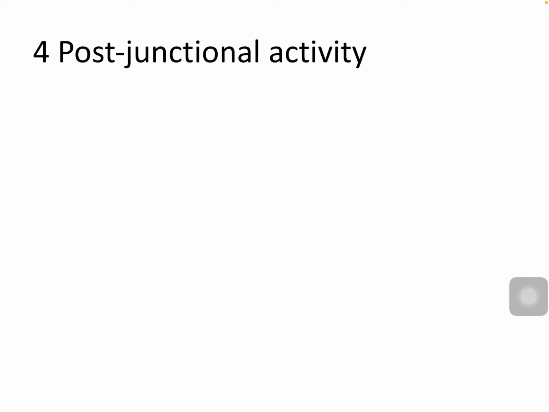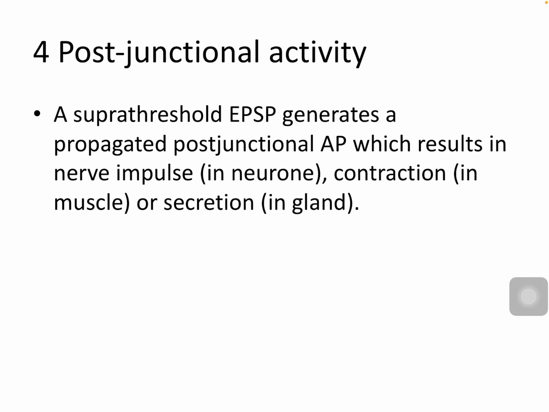The fourth is post-junctional activity. If the excitatory postsynaptic potential is of sufficient magnitude that it can generate a postjunctional action potential, then if it is a nerve fiber, it can lead to nerve impulse conduction. If the effector organ is a gland, then it can lead to secretion from the gland.